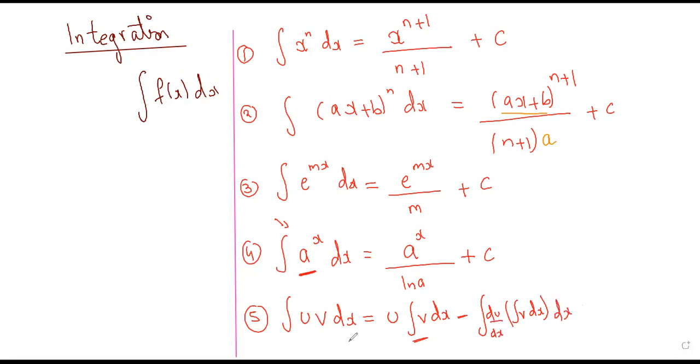If you are not able to understand because of these horrible signs, you can think about it this way: if you have two functions, the first function is coming as it is, then you are integrating the second. Let me write it down somewhere else.